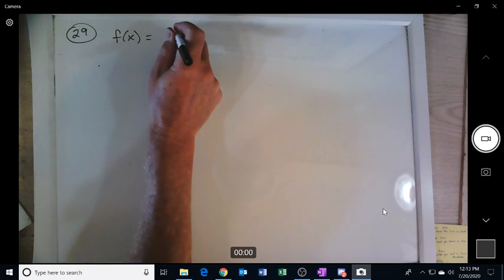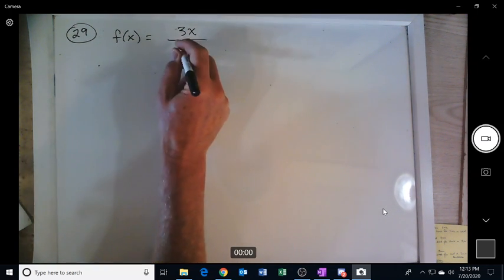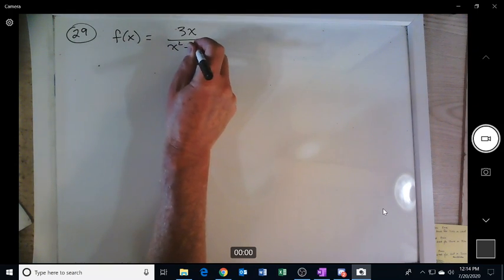Make a complete graph of f of x is 3x over x squared minus 1.